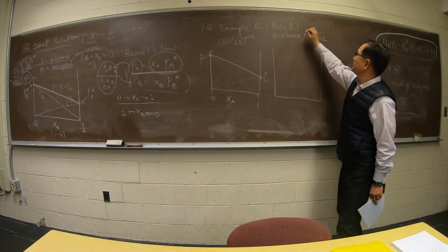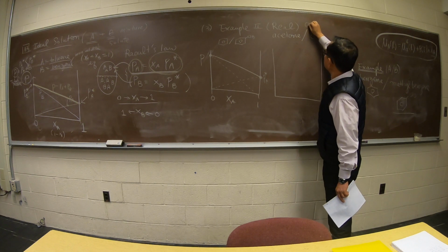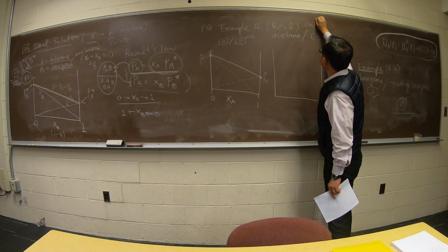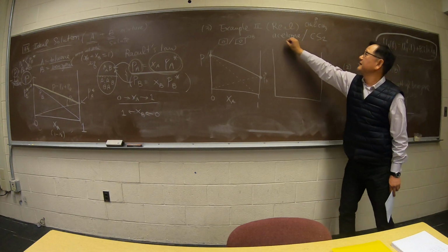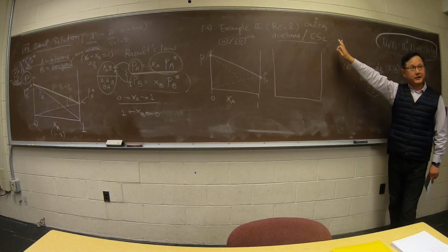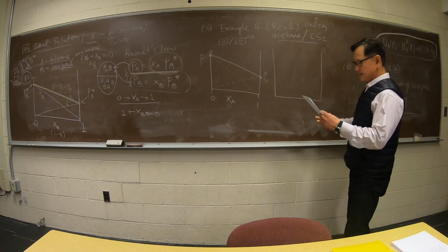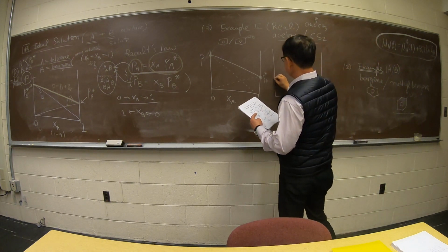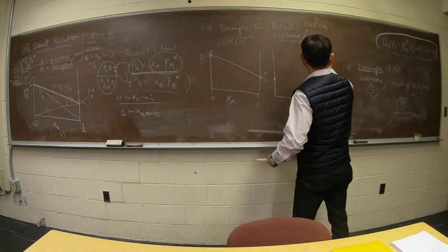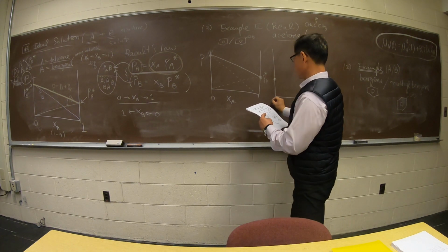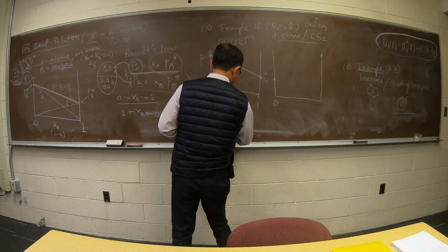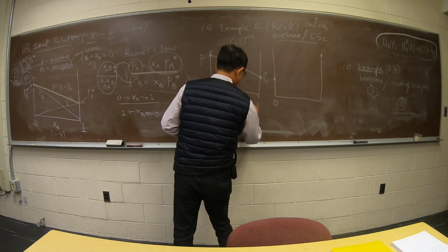But when you have acetone, CH3COCH3, and carbon disulfide. Actually, most cases are like this, an example, and then this one. Zero. So here is toluene.